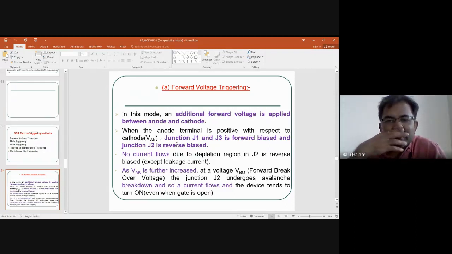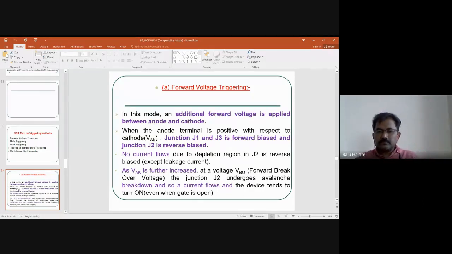Some textbooks say forward voltage triggering method, or forward voltage method of turning on the SCR. Yes, no doubt in this. I will not discuss it again repeatedly, because you are applying the voltage across anode and cathode, and you know very well that J1 and J3 are forward biased and J2 is reverse biased. But it takes more voltage to turn on.